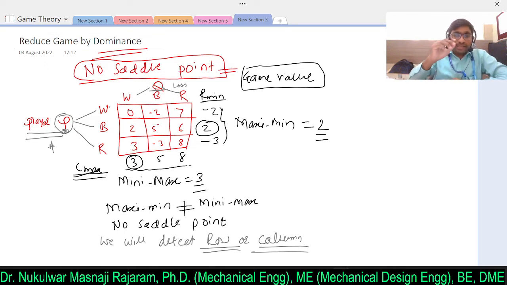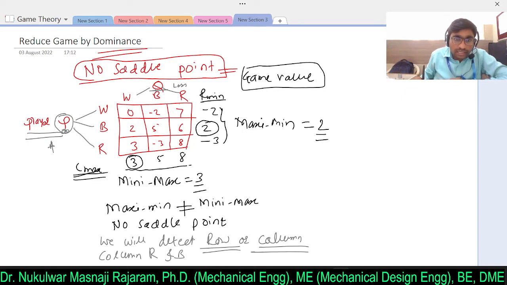By observing this numerical, I can evaluate that if you compare column B and R, playing for Q, 7 is greater than -2, 6 is greater than 5 and 8 is greater than -3.